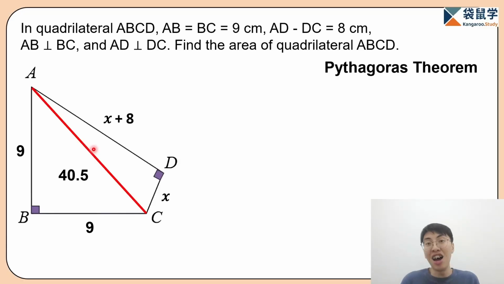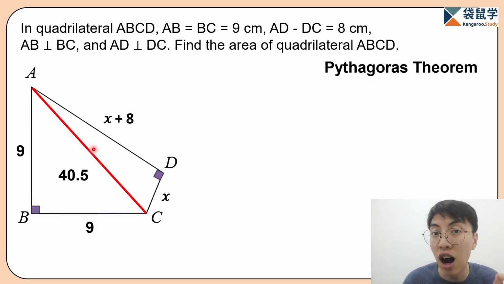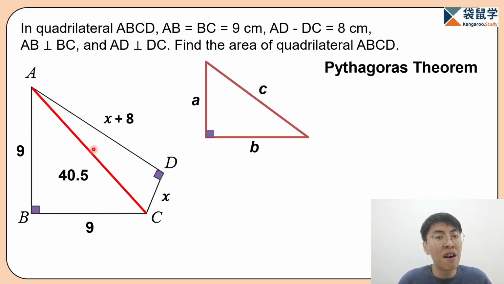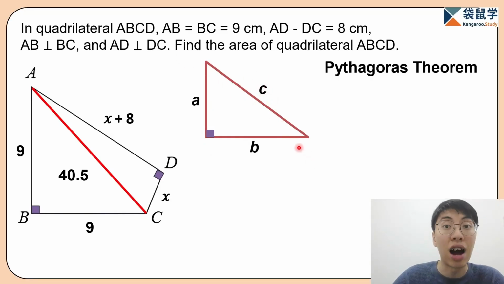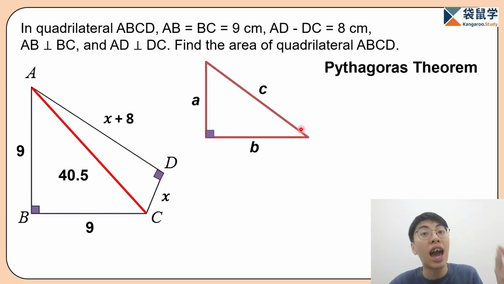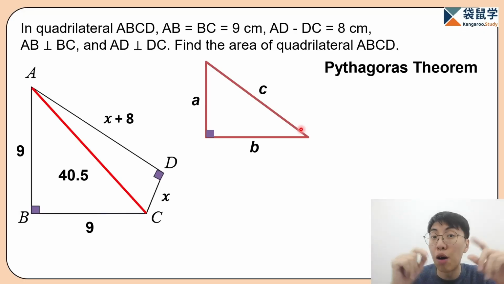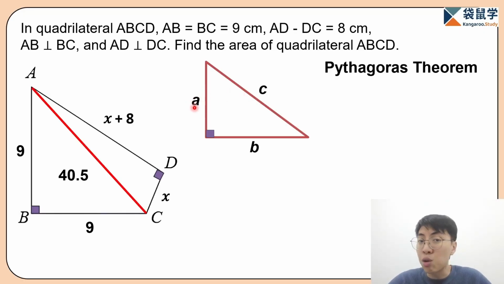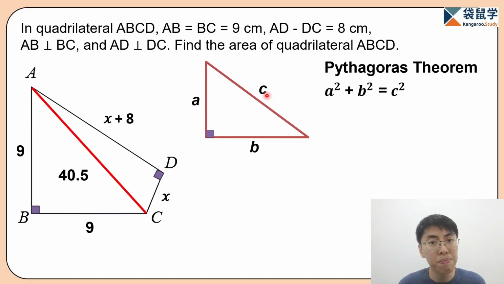For those of you that know, great job. But for those of you who have never heard of it before, here it is. If I have a right angle triangle with the sides a, b, and c, where c is the longest side of the triangle, the longest side of the right angle triangle, we'll have this equation that we can write, which is a squared plus b squared equals c squared.